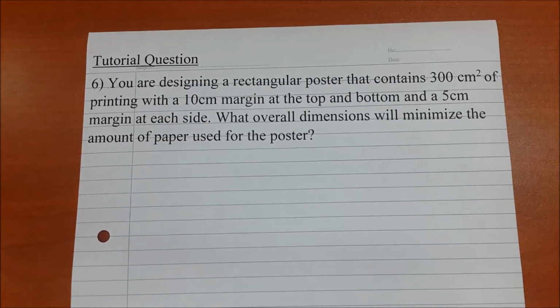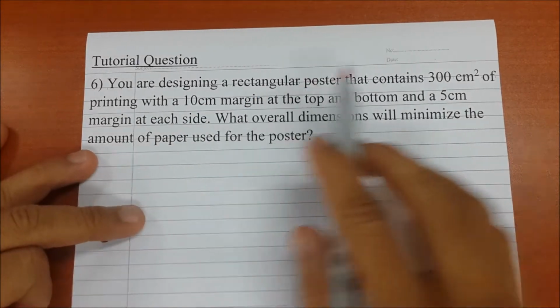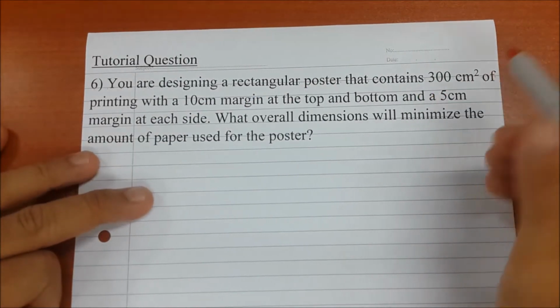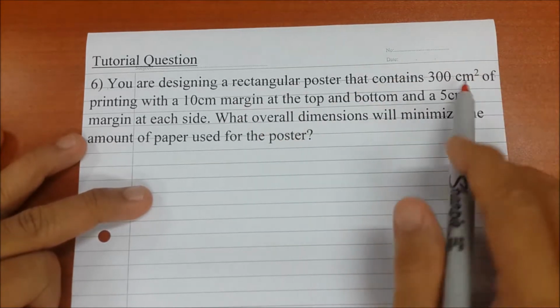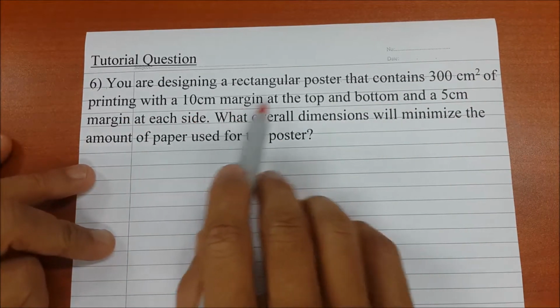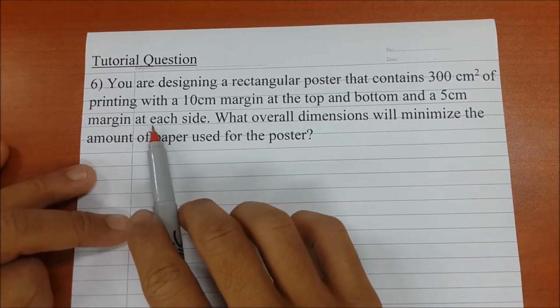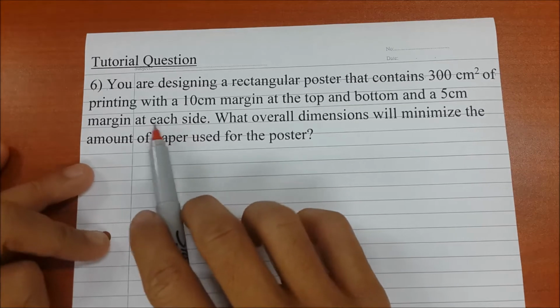Right, so in this tutorial question, you are required to design a rectangular poster that contains 300 centimeter square of printing, with a 10 centimeter margin at the top and bottom, and a 5 centimeter margin at each side, right and left.